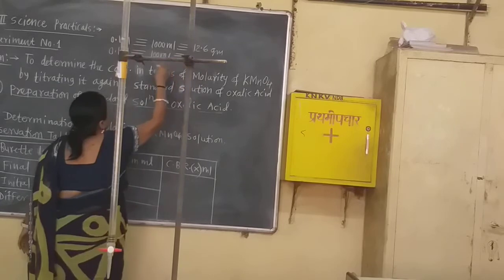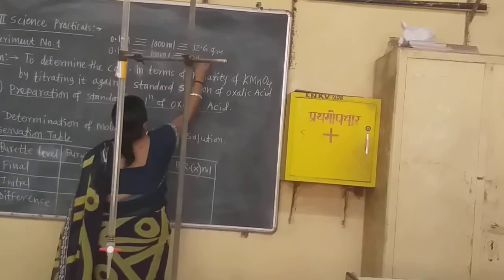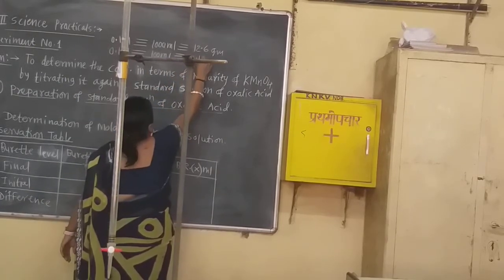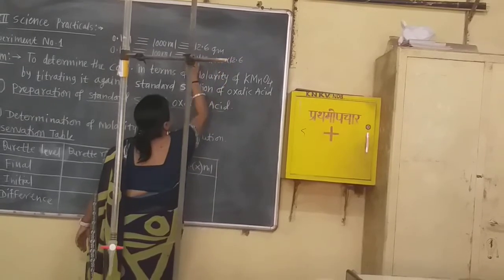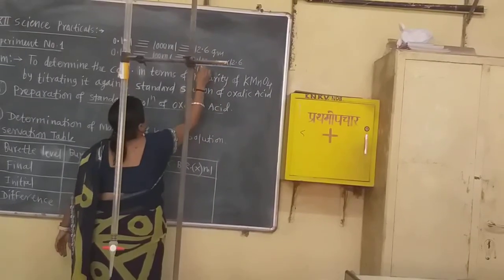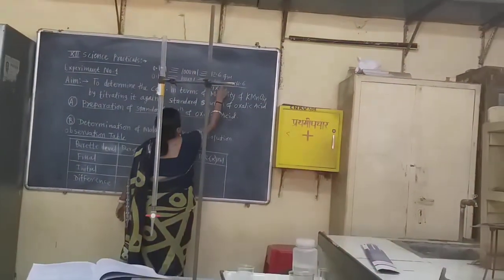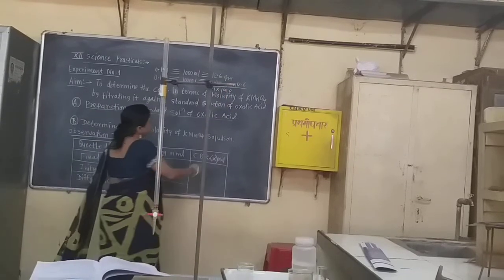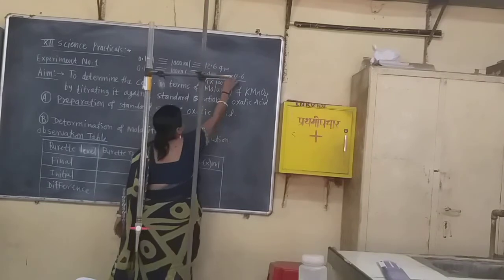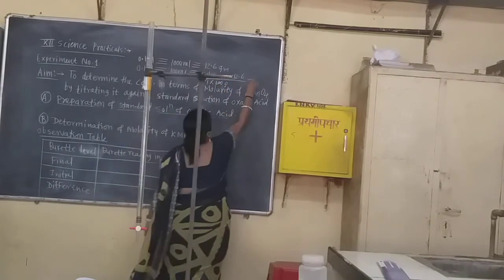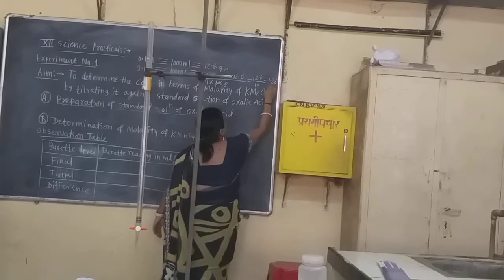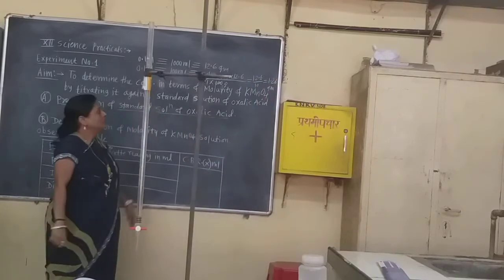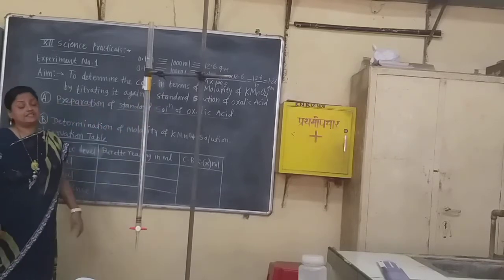So we do cross multiplication: 100 into 12.6 divided by 0.1 into 1000. The zeros cancel, leaving 12.6 divided by 10, which is equal to 1.26 grams. So only 1.26 grams of oxalic acid is required.